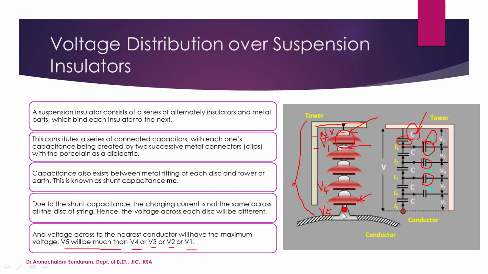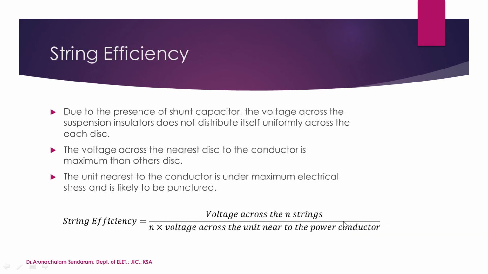This ratio is called string efficiency. Normally, in an ideal case, we expect the string efficiency to be 100%. But in a normal situation, the string efficiency will be closer to 70% or less.